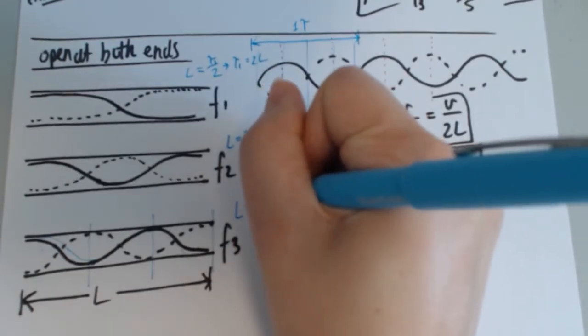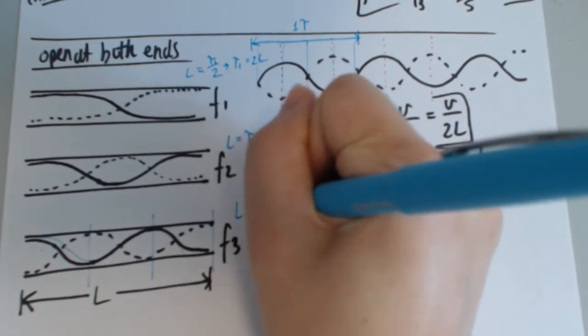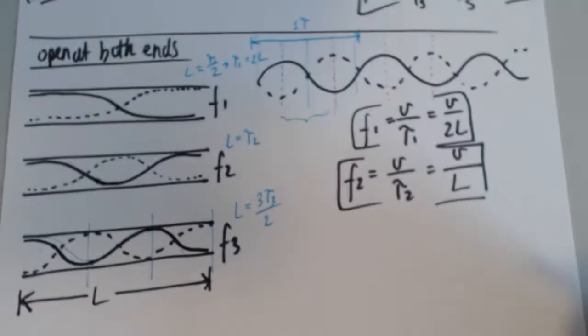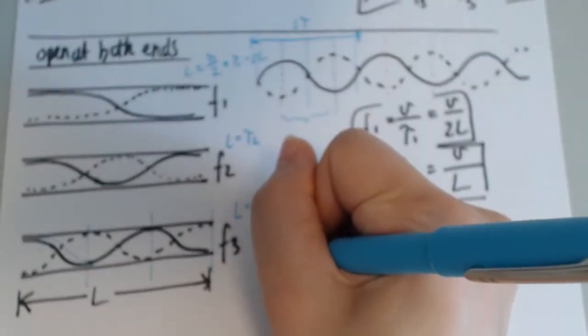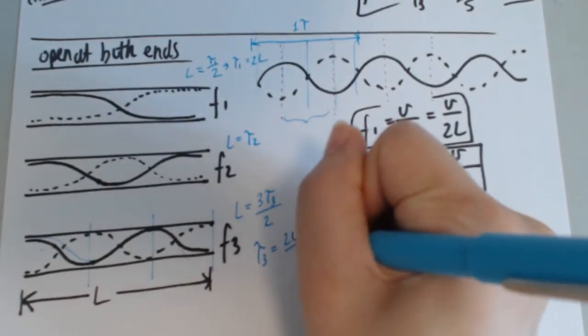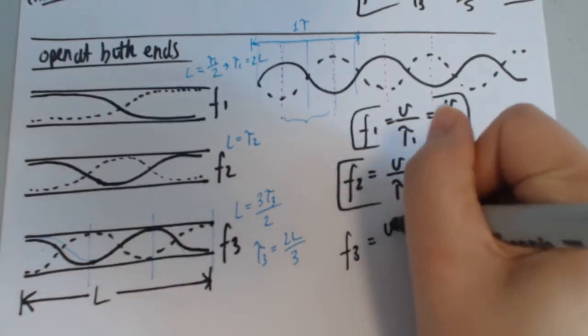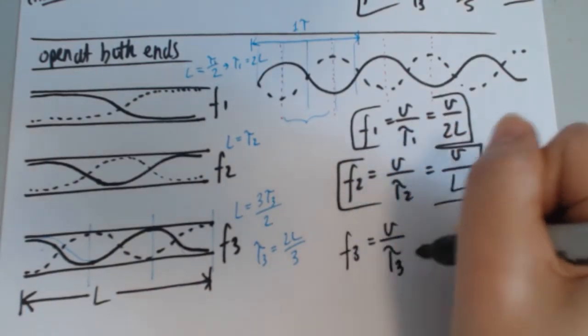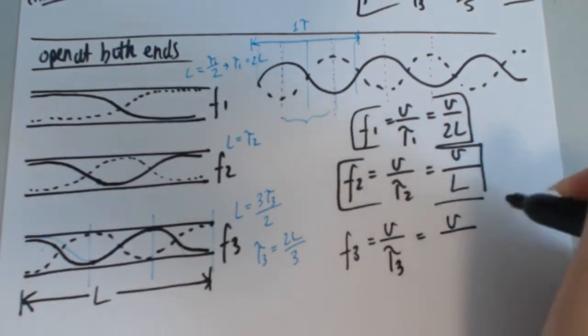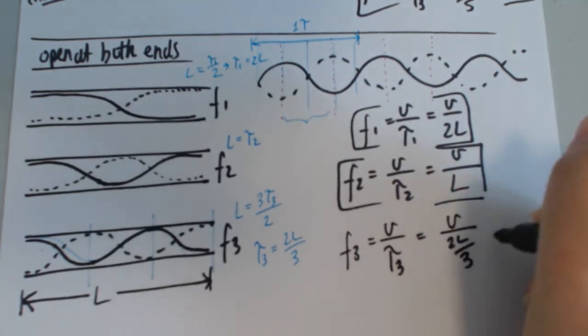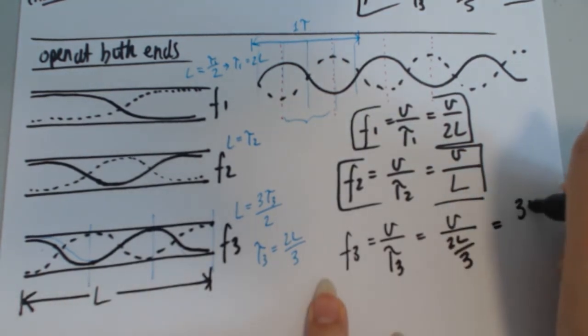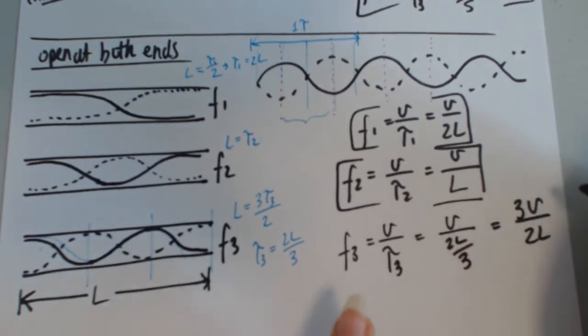So L is equal to 3 lambda 3 over 2, because 3 over 2 is 1.5. So lambda 3 is 2L over 3. F3 is V over lambda 3, which is V over 2L over 3, which turns into 3V over 2L.